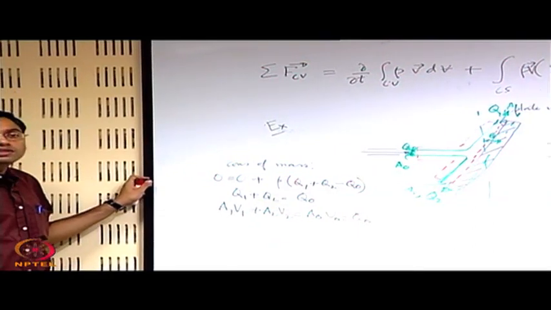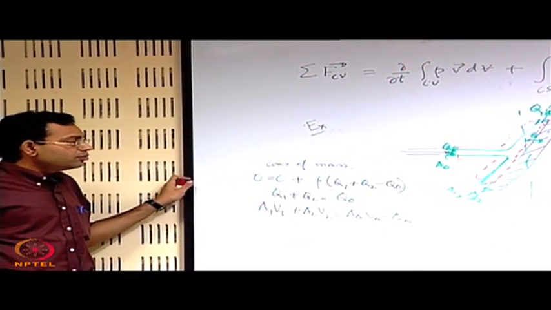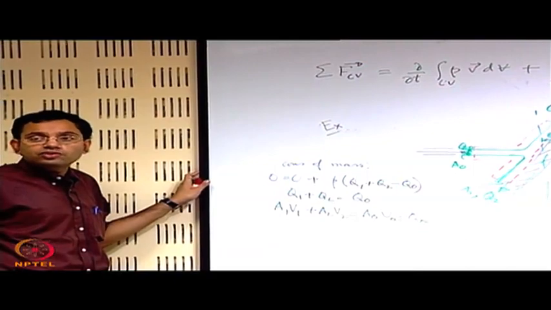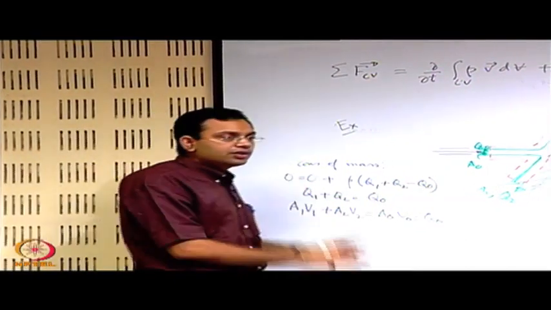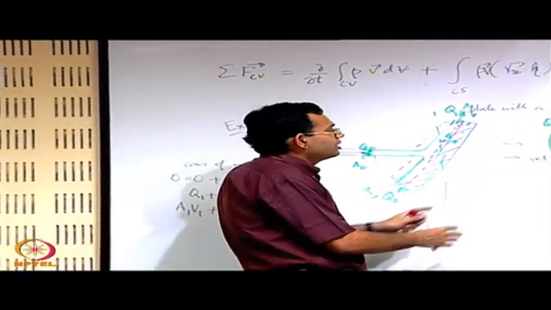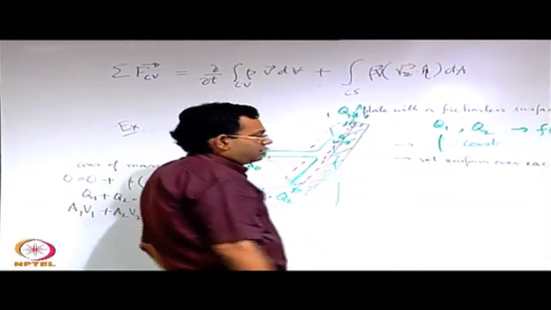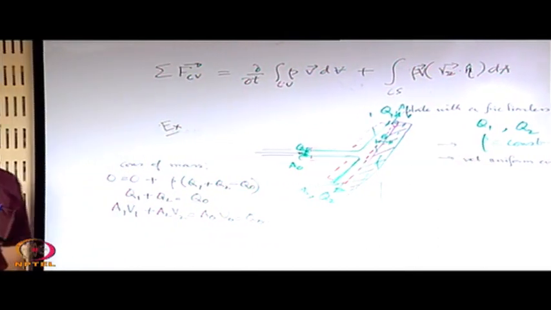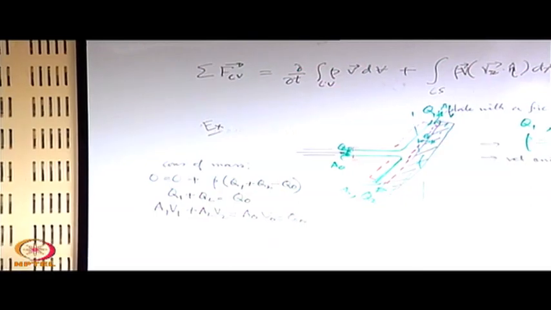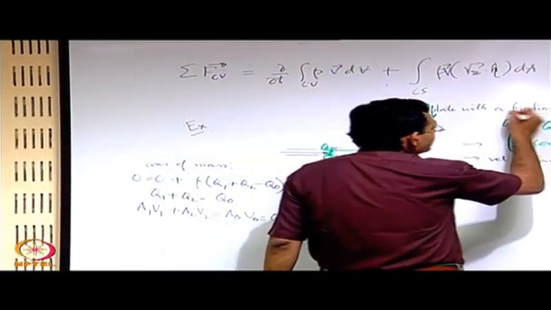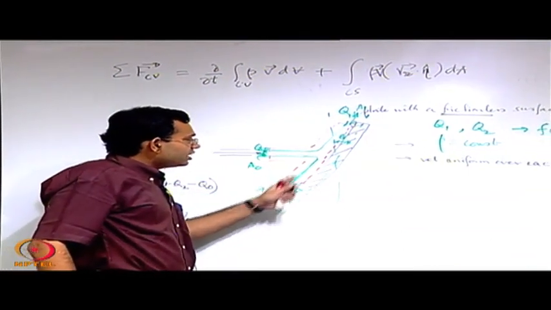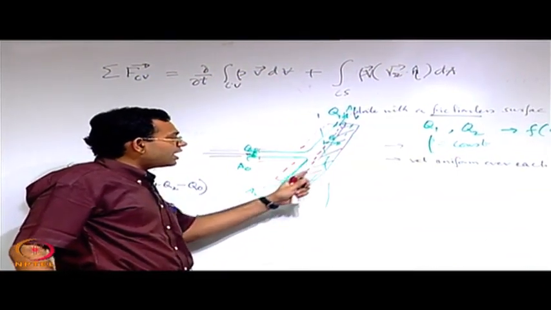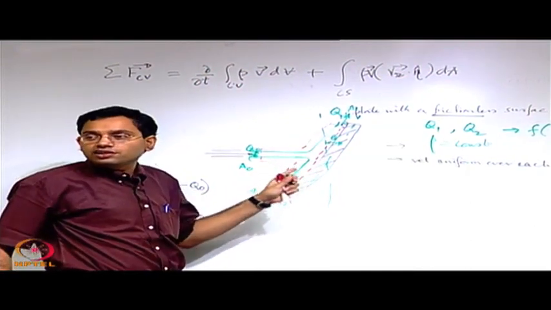Now, there is a relationship between V1, V2 and V0. It is possible to have a relationship between V1, V2 and V0, but before coming into that relationship, let us complete the exercise of looking into the linear momentum conservation, what linear momentum conservation gives us. One very important thing is that it is considered to be a frictionless surface. That means there is no shear force between the fluid and the plate in the direction tangential to the plate.